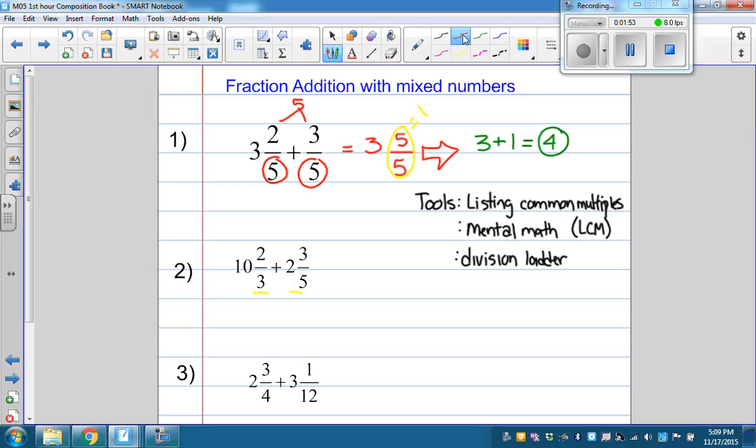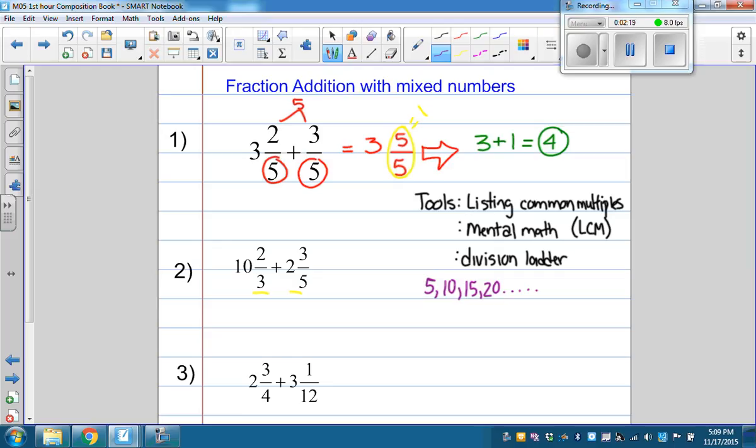So for number 2, when I look at the problem, 3 and 5 aren't common. They're not the same. So I'm just going to list out multiples of 5, 5, 10, 15, 20, until I find one, the very first one, that is also a multiple of 3.